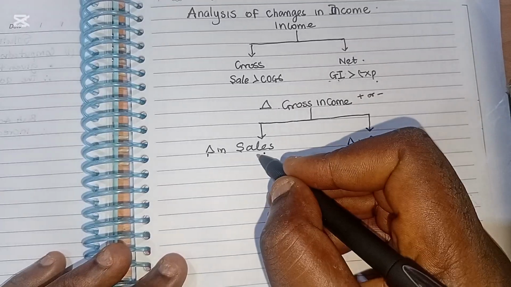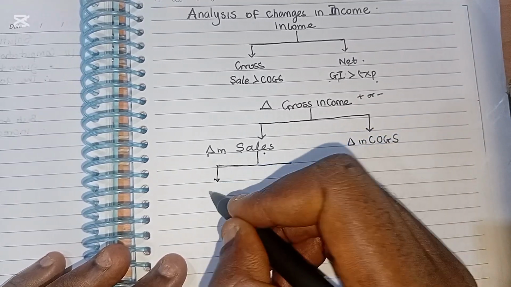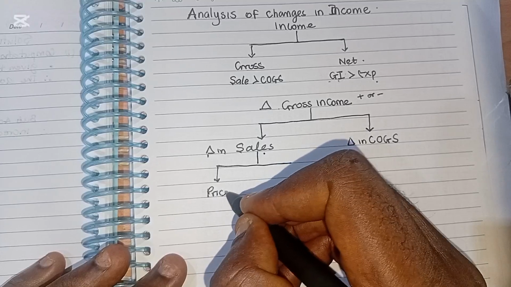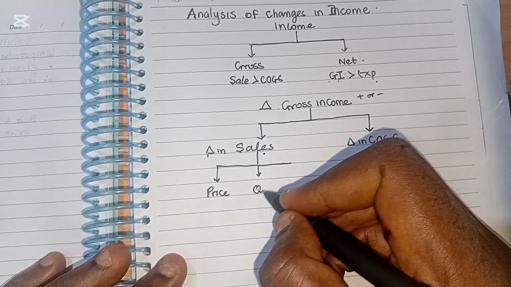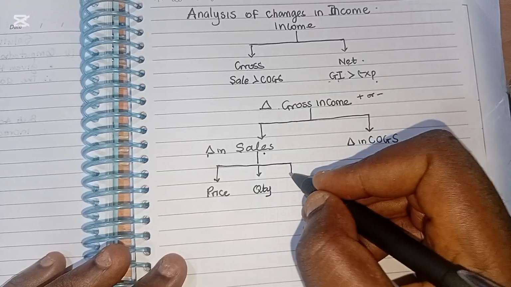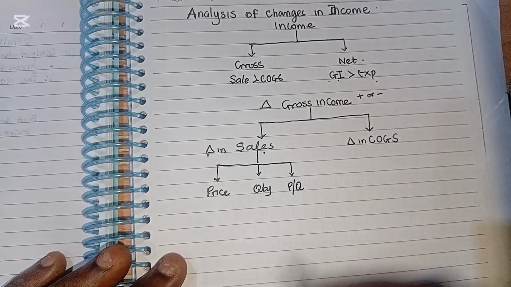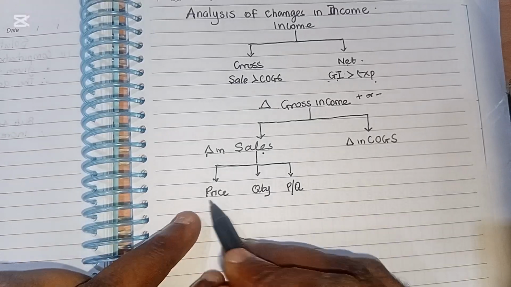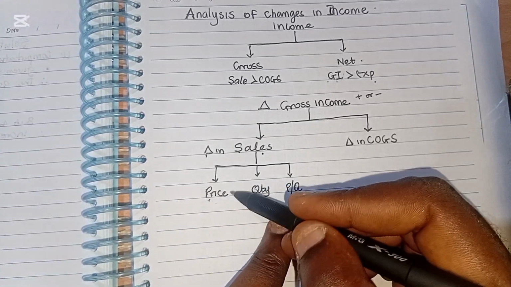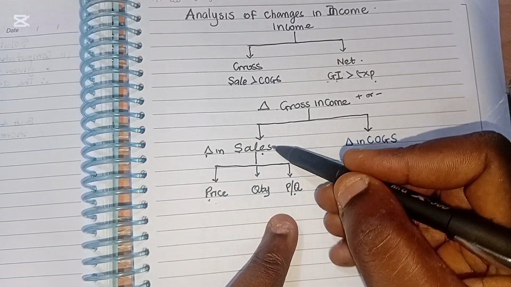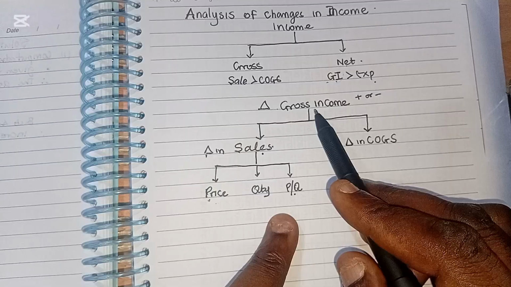Let's go further. Sales is a function of, number one, the price, that's the selling price; number two, the quantity; and number three, the combination of the price and the quantity. If there is a change in the selling price, it will affect the sales and automatically the gross income.